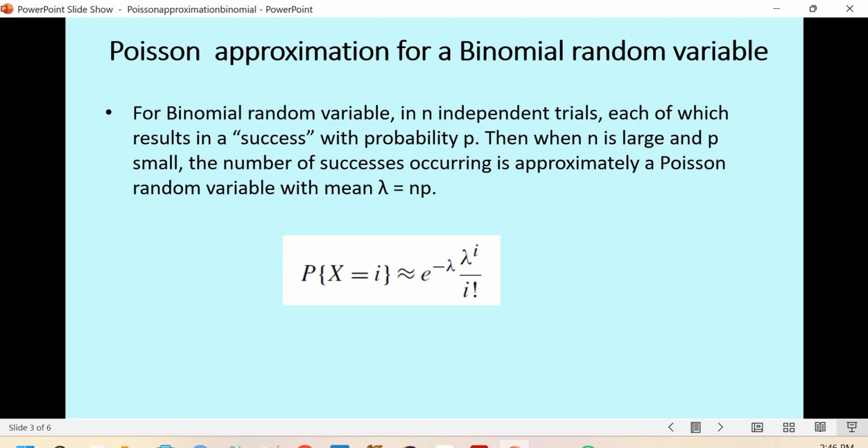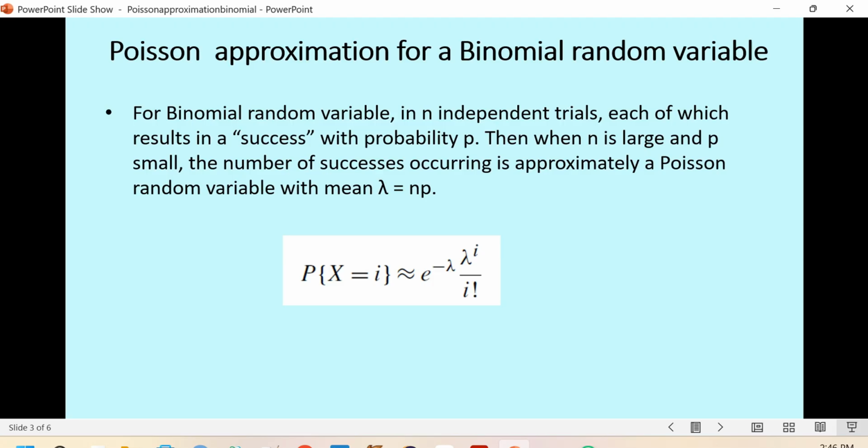But if n is very large and p is very small, for example, we have 10,000 Bernoulli trials and the success rate is only 0.01 for each trial, then the probability of the number of successes can be approximated by a Poisson random variable, with the average lambda equal to np.